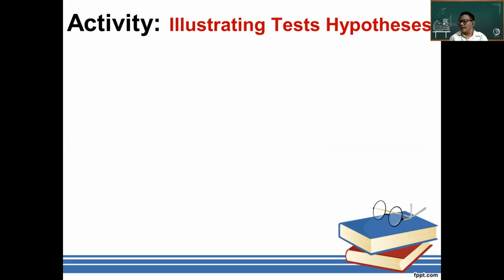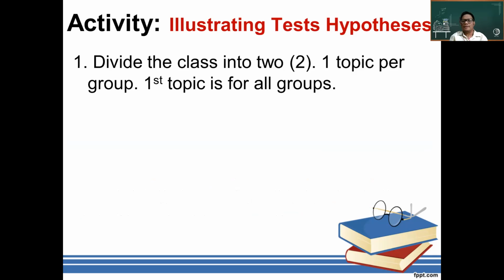Now, I have here the forms, the papers. I need you to have this for our activity. But first, I need to divide you into groups.